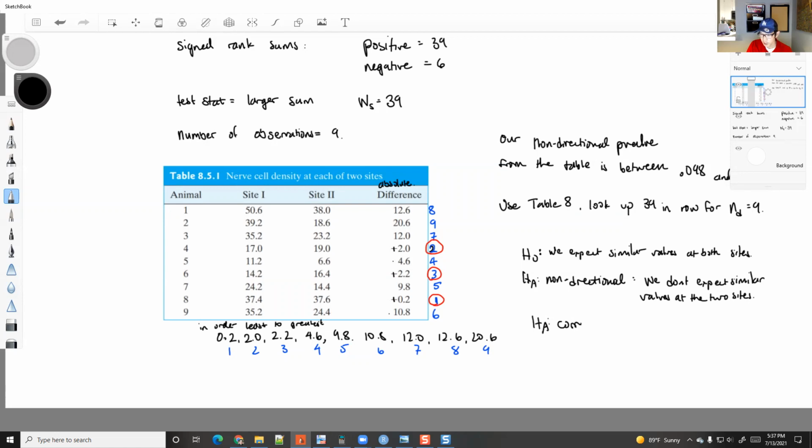So the correct direction would be we expect site 1 to have larger values than site 2. Okay, and then the wrong direction would be we expect site 2 to have larger values than site 1.